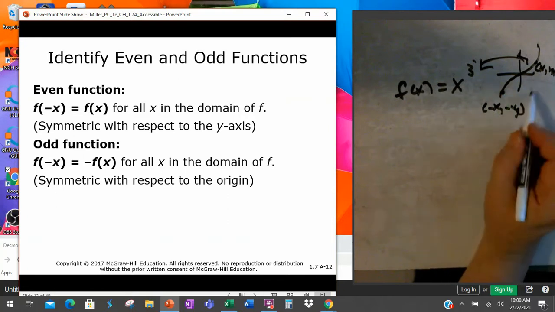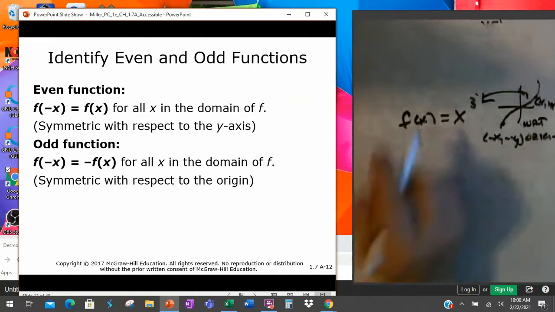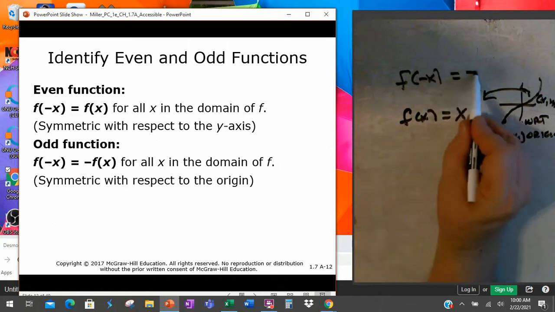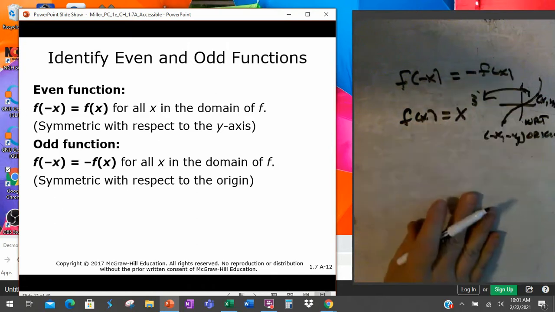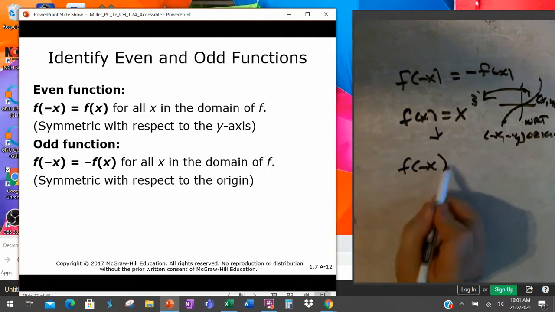That's with respect to the origin. So this is what I have to do: I have to see if f of negative x is the negative of f of x.